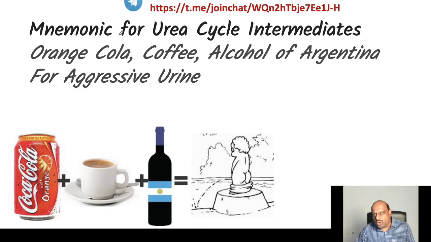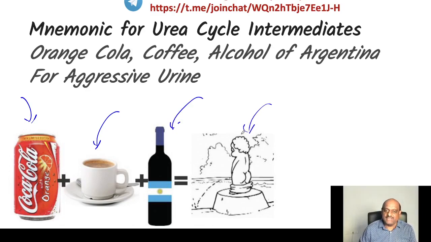So, the most important mnemonic that you need to remember about urea cycle is: Orange cola, coffee, alcohol of Argentina, fumarate, aggressive urine. You'll remember them pictorially, right?